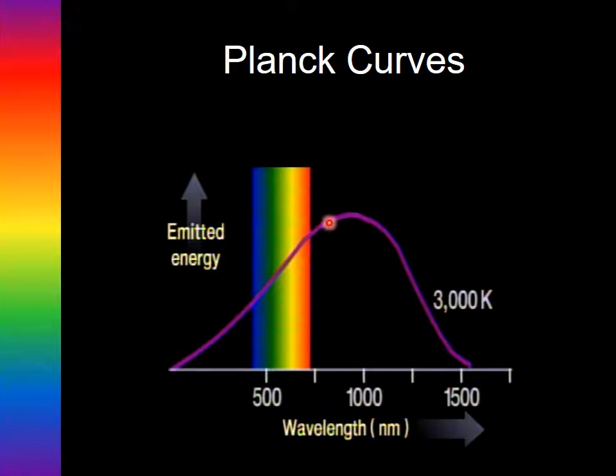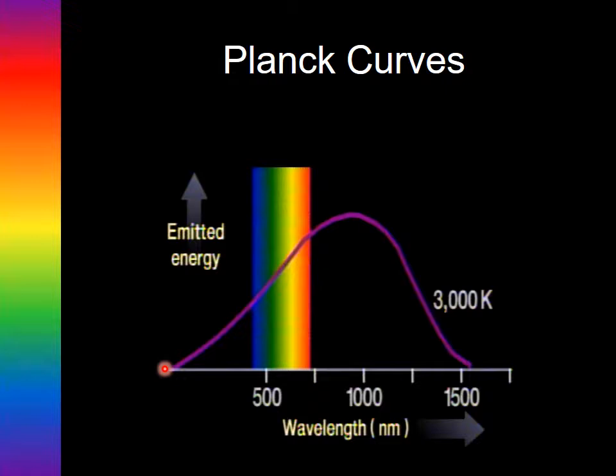Then it gives off less and less through the visible spectrum, less in the ultraviolet, and down through the rest of the electromagnetic spectrum. This is what's called a Planck curve or a blackbody curve. The reason it's called a blackbody curve is because, if you remember, things give off the same colors that they absorb.